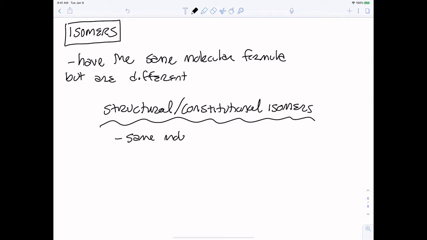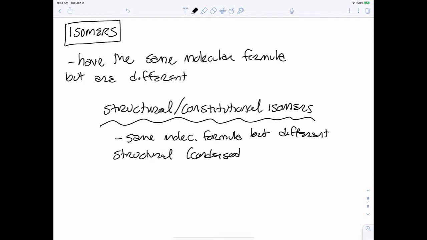So same molecular formula, but different structural or condensed or skeletal formulas.